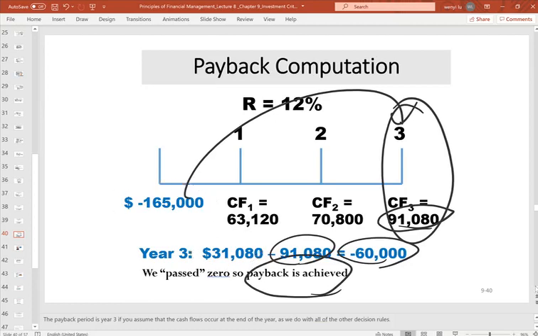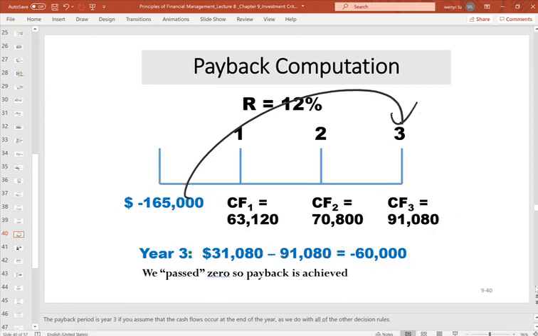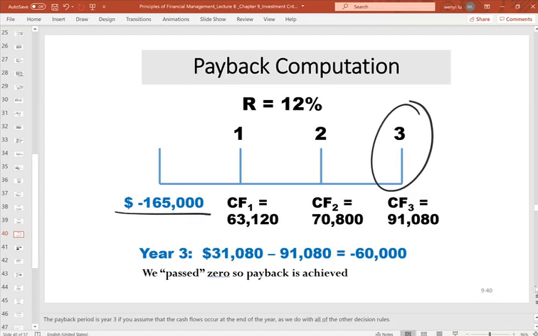But to be more accurate, we can find the proportion of the third year in which it is recovered, using the remaining balance over the total inflows in the third year.